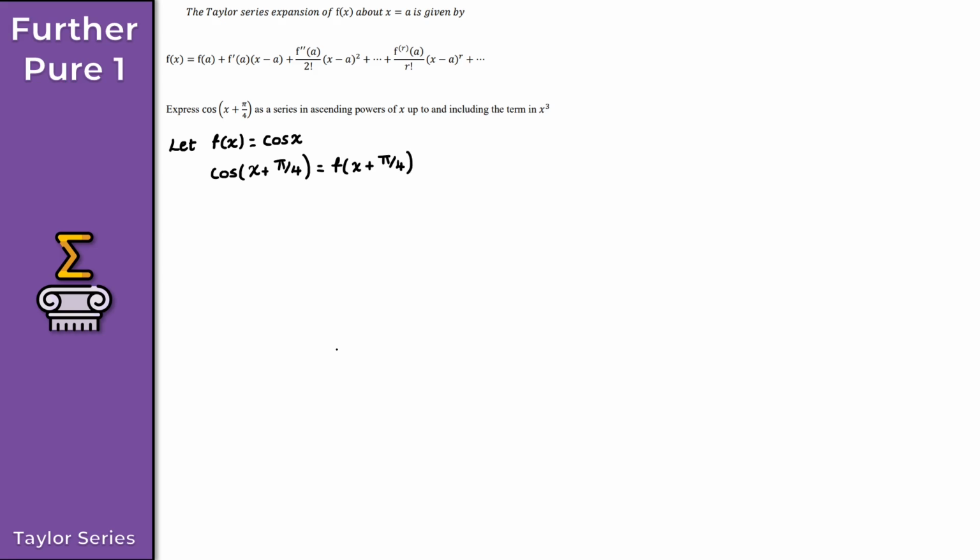Like so, okay? So what that means here then is that a is equal to pi over 4. So this Taylor series expansion here will be about x equals pi over 4.